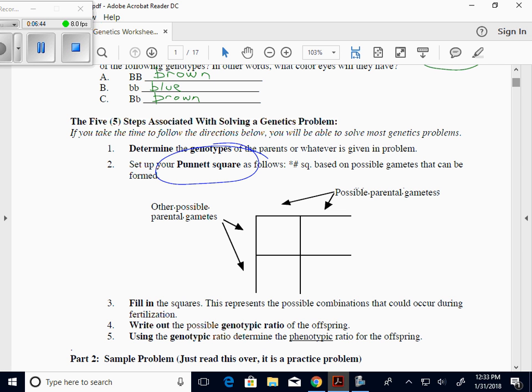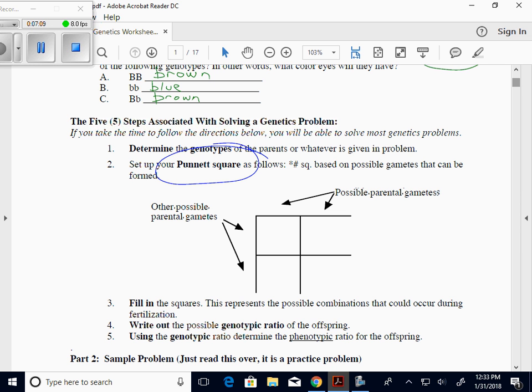Number 3 says fill in the squares. This represents the possible combinations that occur during fertilization. Number 4 says write out the genotypic ratio. What was the genotype again? The letters. Okay?